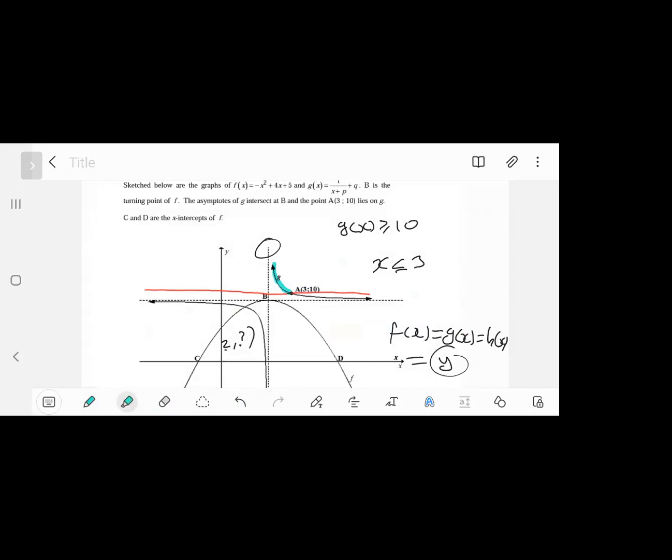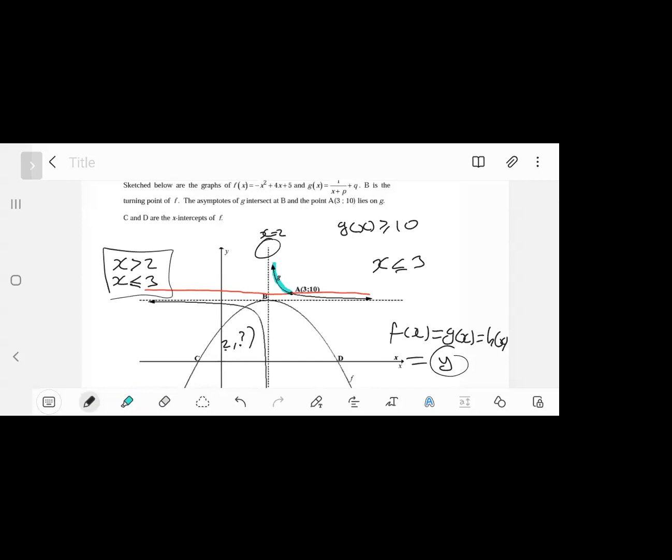So remember, the function should never at any point touch this guy here. So the first thing is that x must be greater than 2 because this point is x equals 2. So x must be greater than 2 and x must be less than or equal to 3. So these are the two conditions.